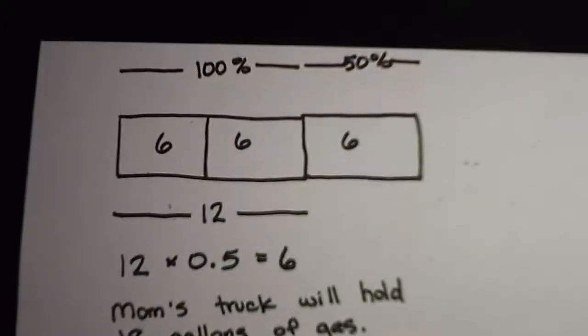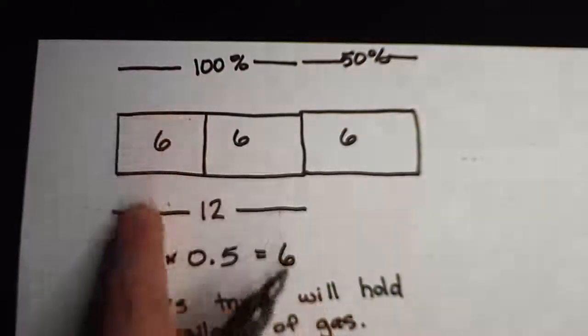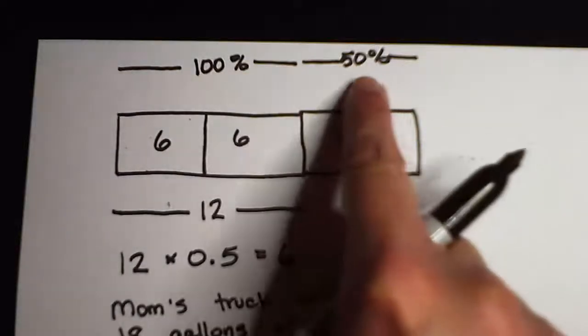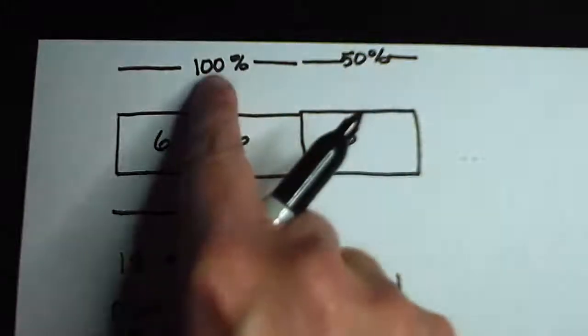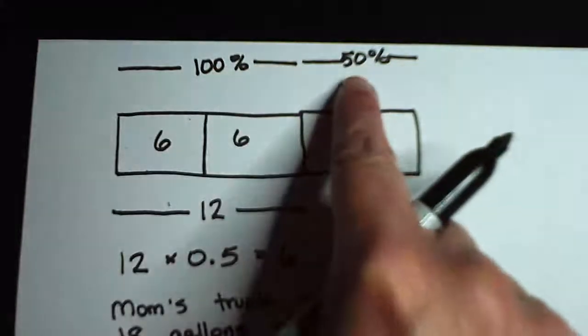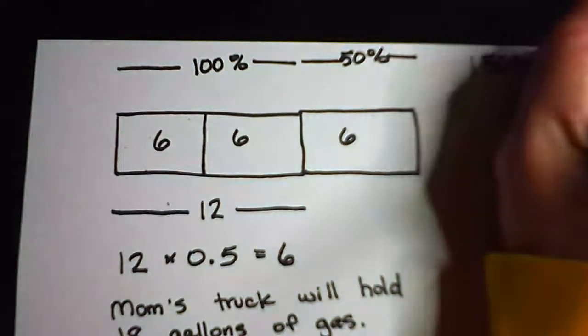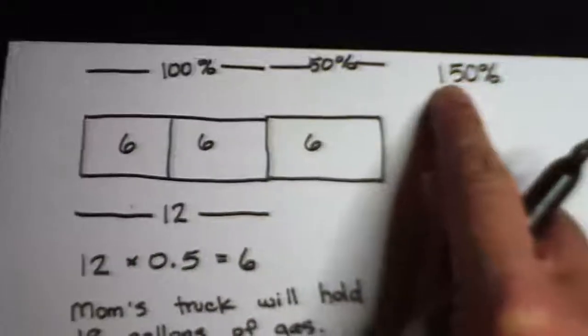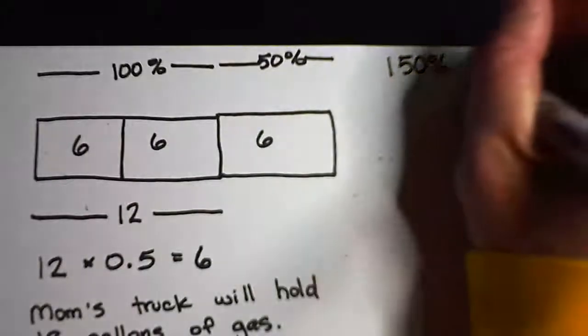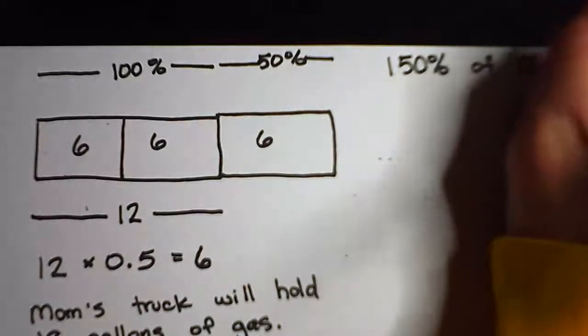Another way to think about it is if we know that the truck holds 12 gallons and that's 100%, and it's going to increase by another 50%, if I add those two together, the 100% plus the 50%, that gives me 150%. And so what I want to know is what is 150% of the original 12 gallons?